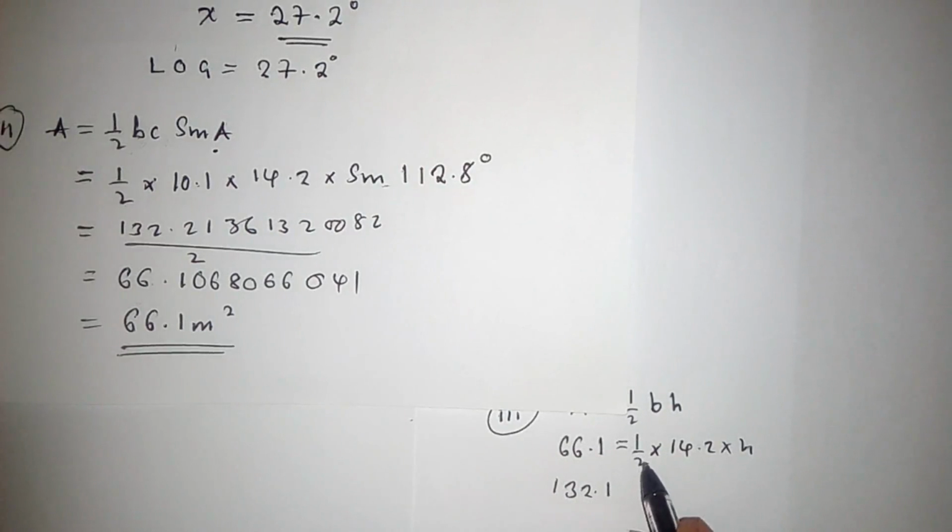132.1. Here I'm just doing cross multiplication, is equal to, when I multiply everything, I have 14.2h. So we divide by 14.2.